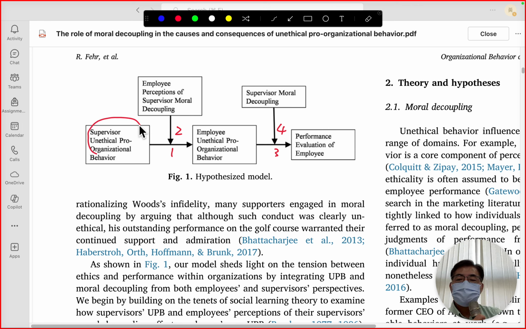Before we can test hypothesis 1, for example, maybe this one is H1, between the supervisor's unethical pro-organizational behavior and the employee's unethical pro-organizational behavior. Suppose this is X and Y. We want to test the relationship. We have to make sure we can collect data.